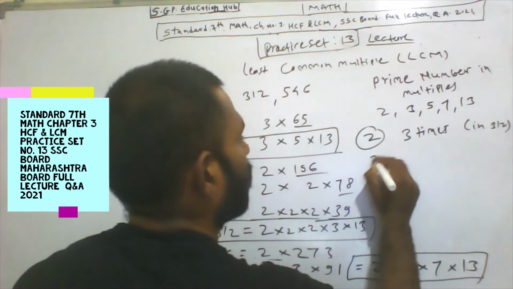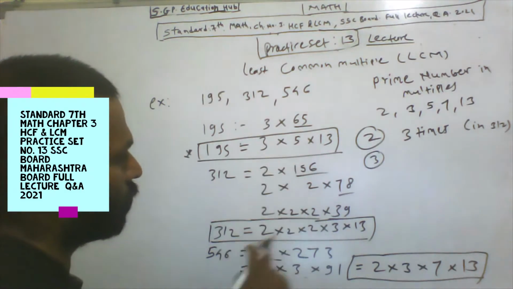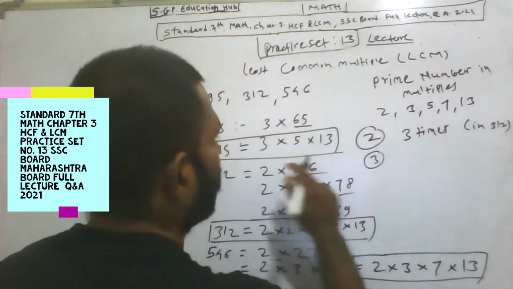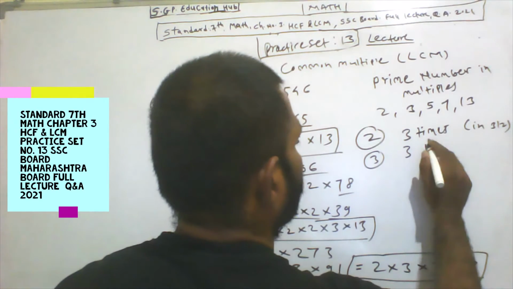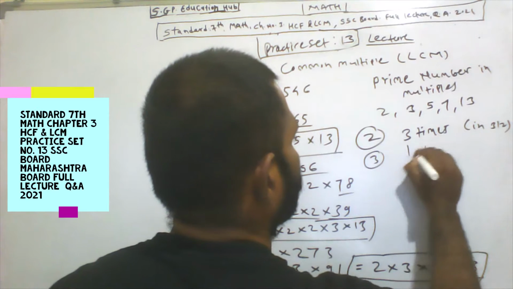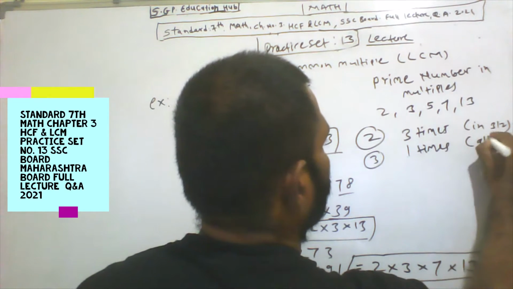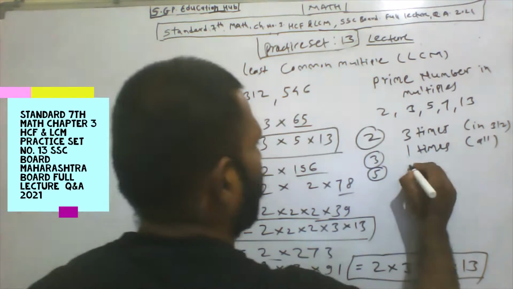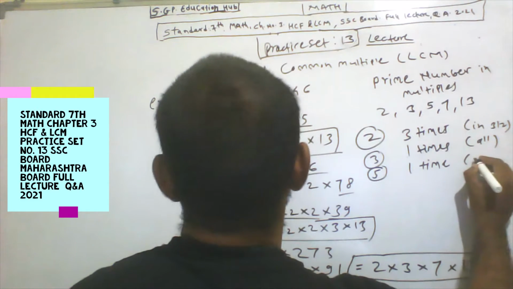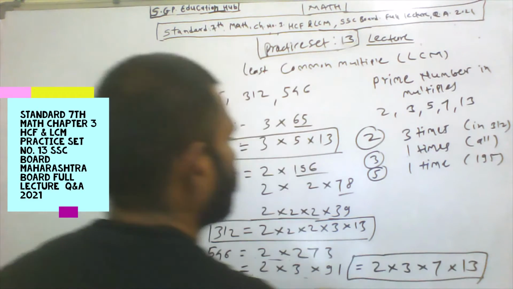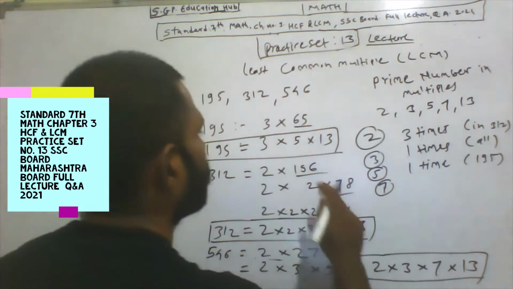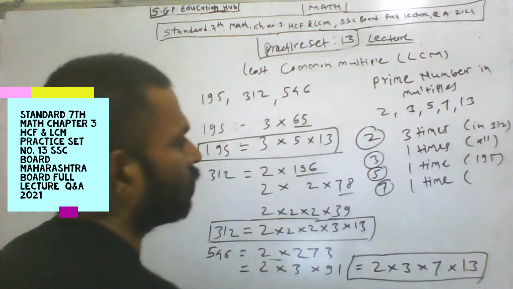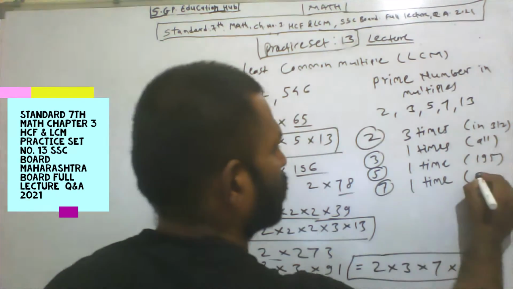Okay, 3 comes one time in all. 5 comes one time in 195. Then 7 comes one time in 546.